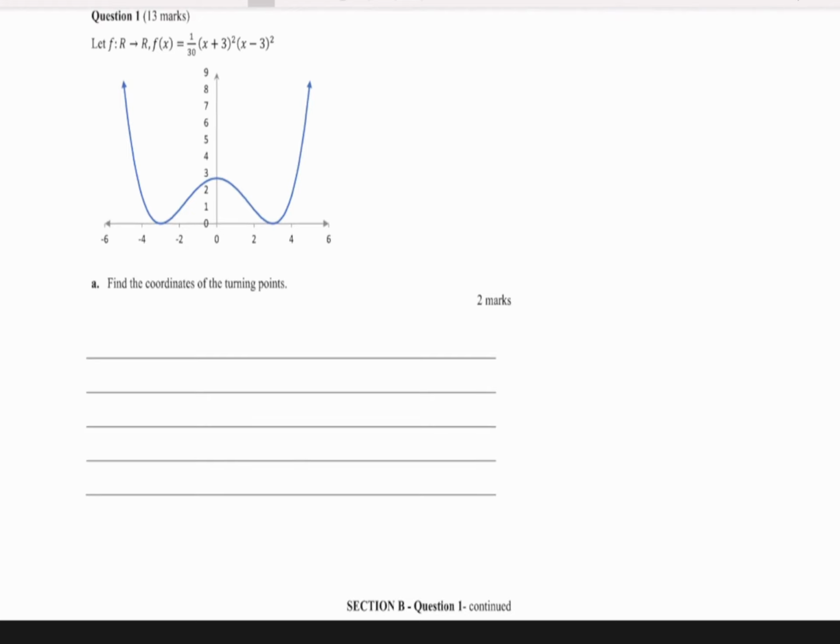Question 1. To find the turning points, you just equate f dash x to 0, and you get x equals negative 3, x equals 0, and x equals 3.